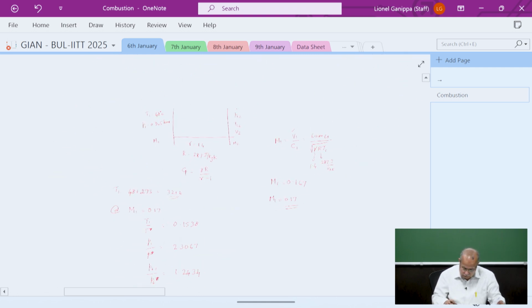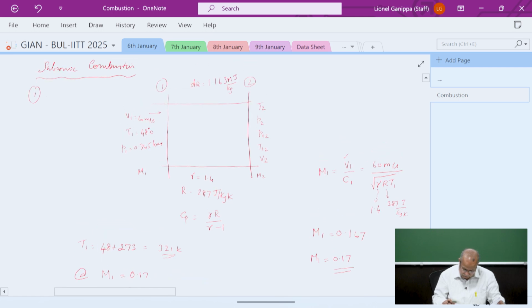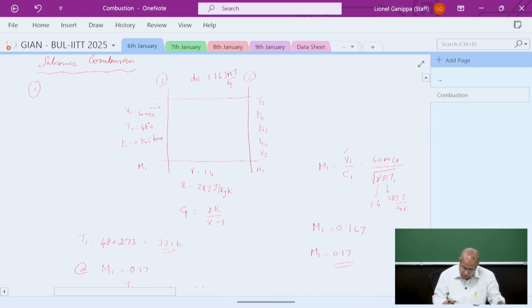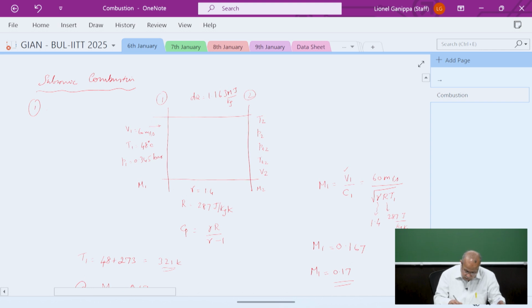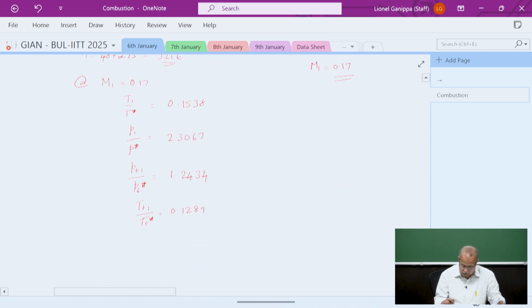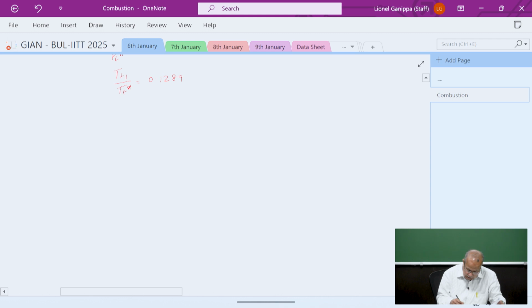Now how do we proceed? We have got some information from the Rayleigh table. We have made use of the velocity and temperature, and now we have information on P1 and on the amount of heat, that is, the energy content of the fuel. From the energy balance equation, H1 plus half V1 square plus dQ is equal to H2 plus half V2 square.